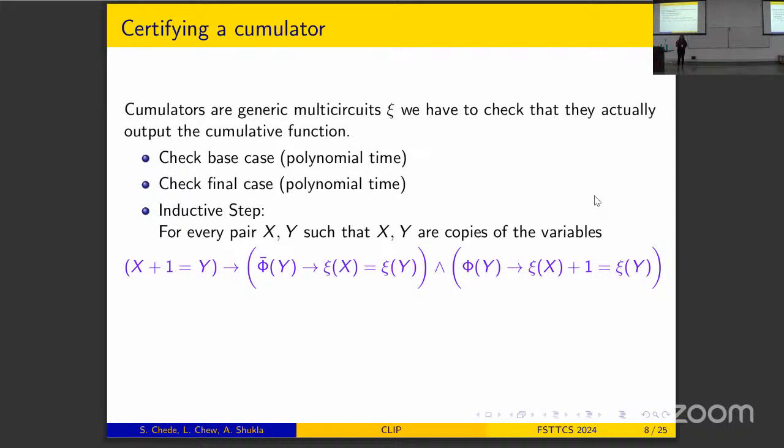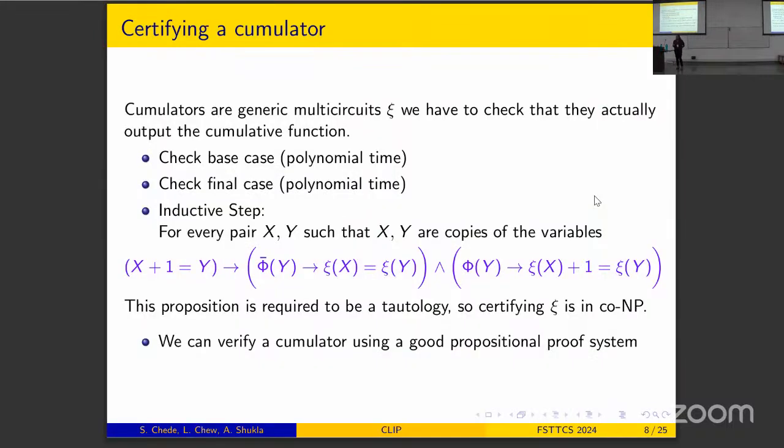This statement is just saying that. And this, you can see, is just a CNF formula, right? This x and y are sets of variables, okay? But you can see them as 1, because we are going to represent them as a sequence of all assigned variables, right? So this is just a friendly problem. So you can just use a nice propositional proof system to prove this once you have the cumulator.